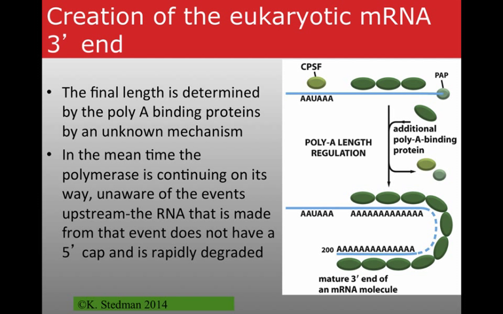Usually you end up with about 200 or so of these A residues at the end of your RNA. It varies from species to species, but in humans it's about 200 to 250. And these polyA binding proteins will bind to between 5 and 10 nucleotides at a time.